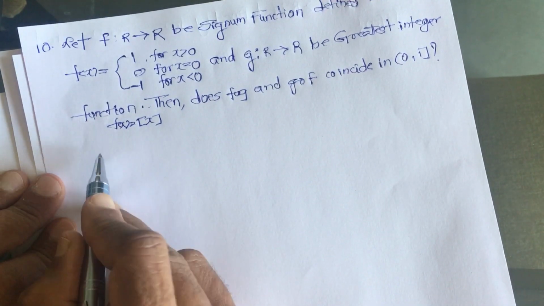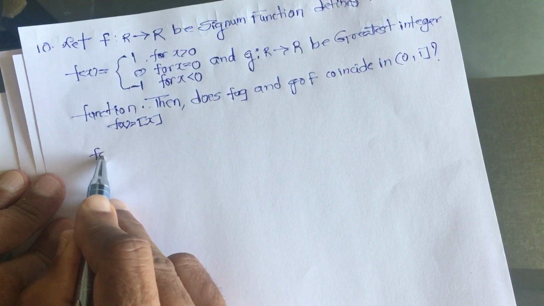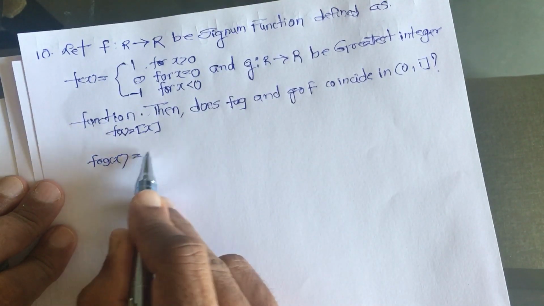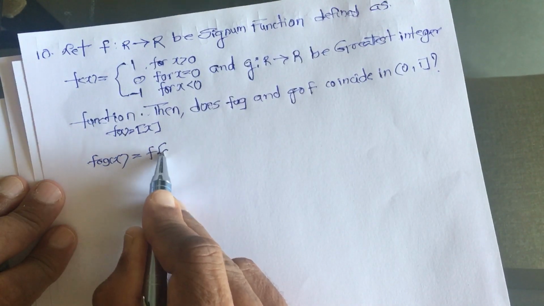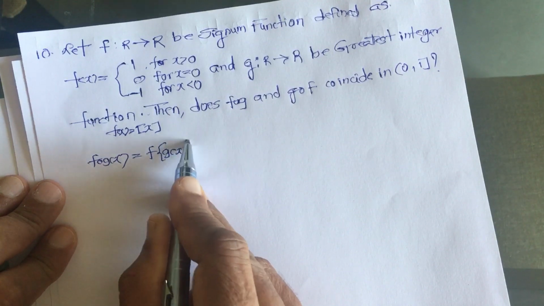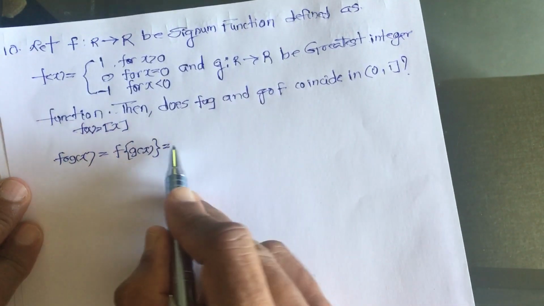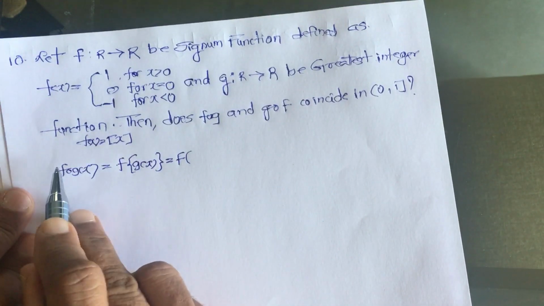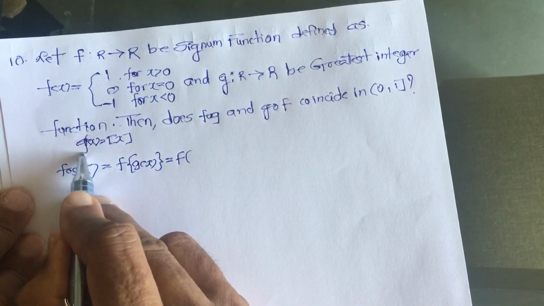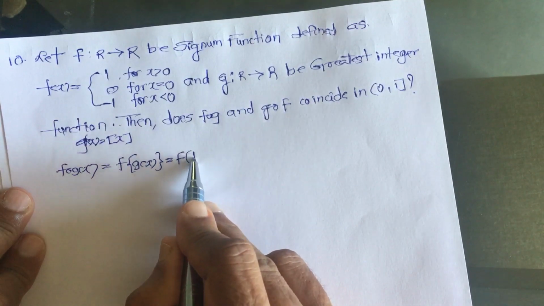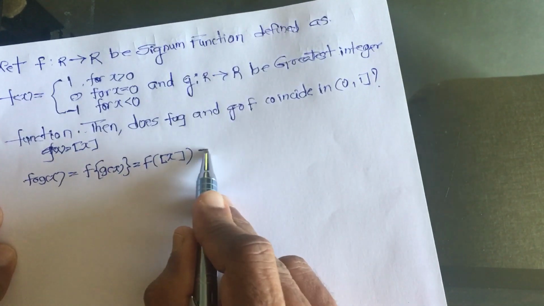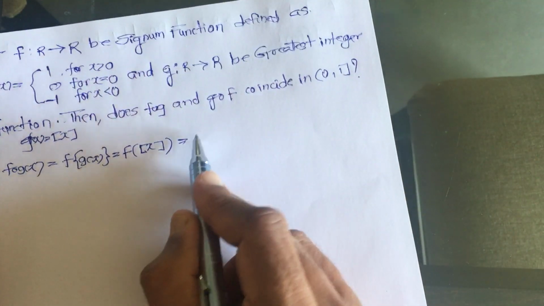So, first I take f composite g of x, which is f of g of x, and here g of x is square bracket x, and its value in the interval 0 1.